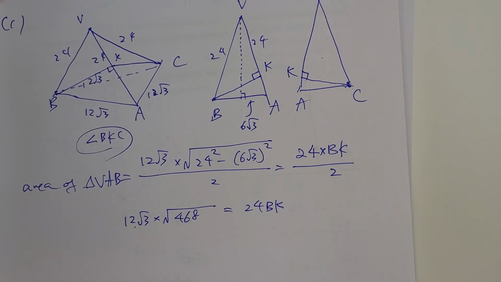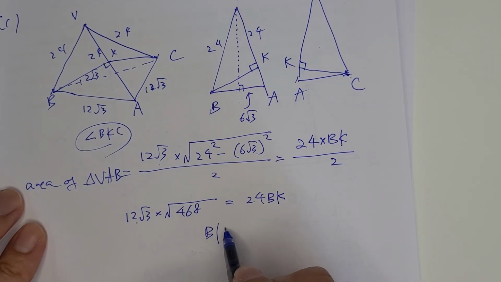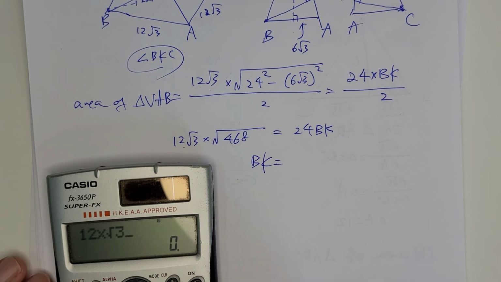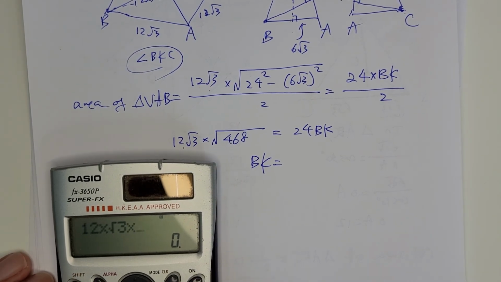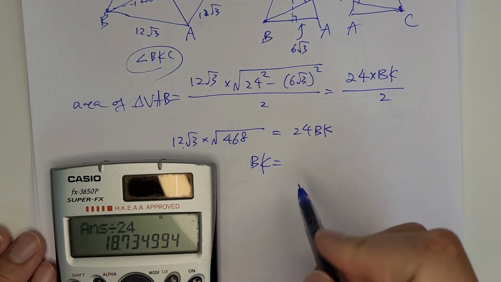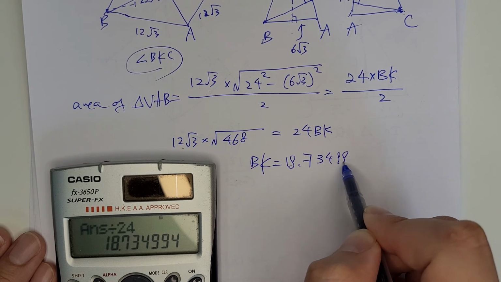Alright? And you can find BK, that is 12 times √3 times the square root of 468, and then divided by 24. So that is 18.734994.